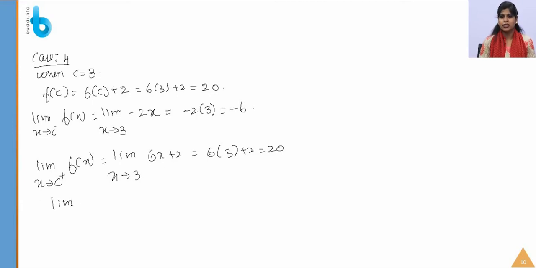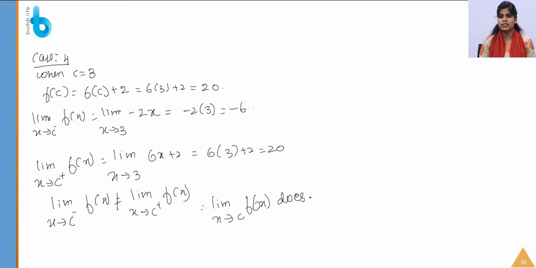Limit x tends to c minus f of x is not equal to limit x tends to c plus, the right hand side limit of f of x. Therefore limit x tends to c, f of x does not exist. This you would have learnt in your class 11 also.